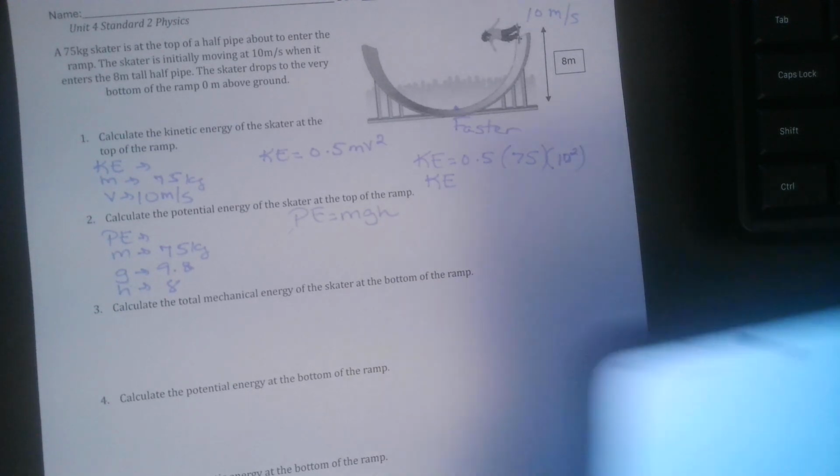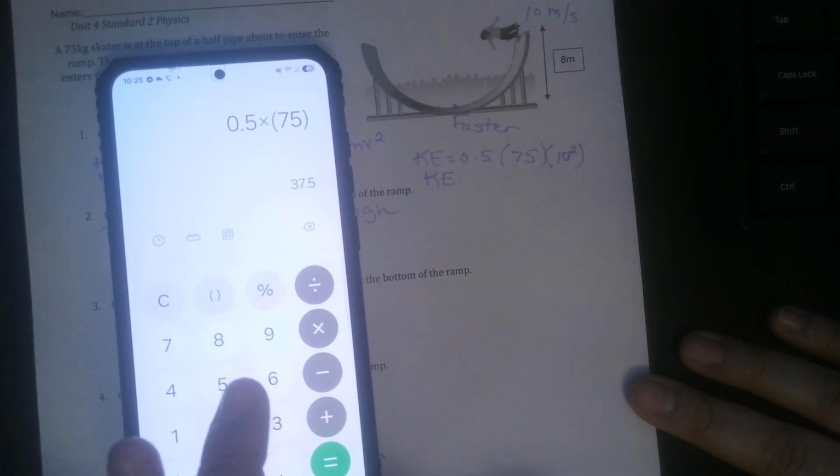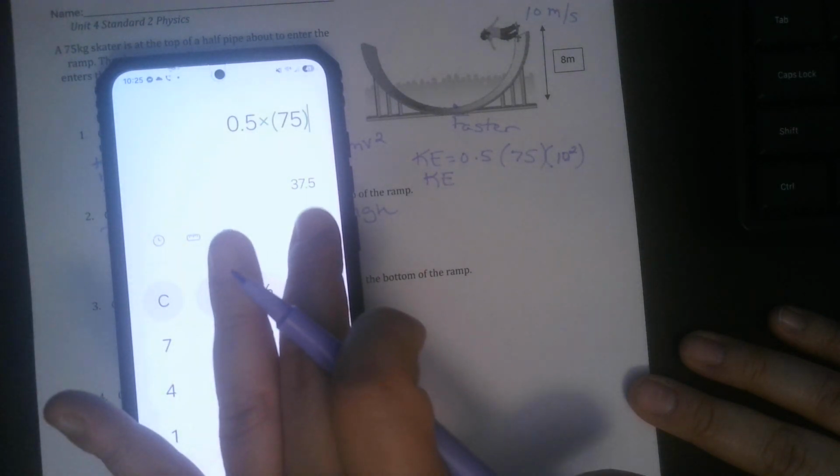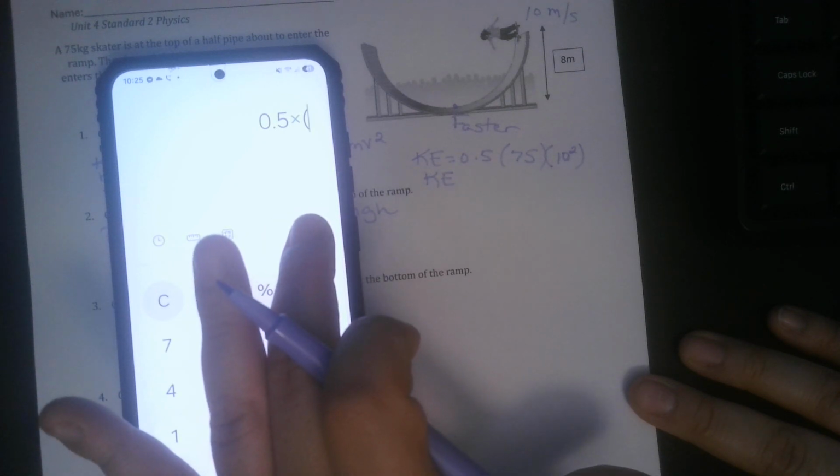Okay, I'm using my cell phone calculator. Here goes. 0.5 times 75 times 10 squared, which is 100.